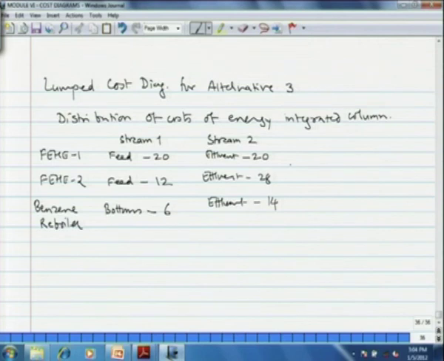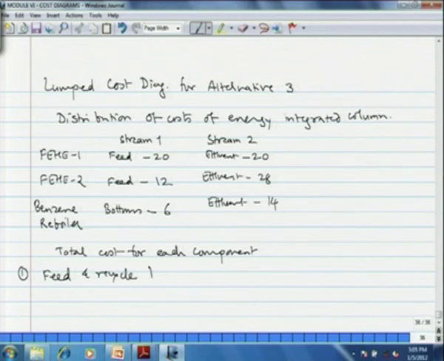Now having distributed this, the total cost for each component or operation. Now I directly give the final figure. I leave the exact breakup to you.